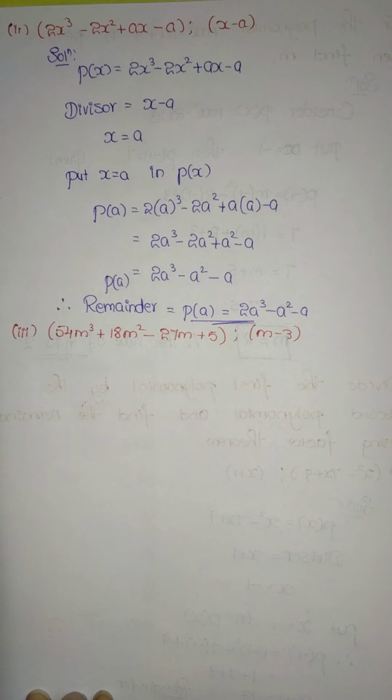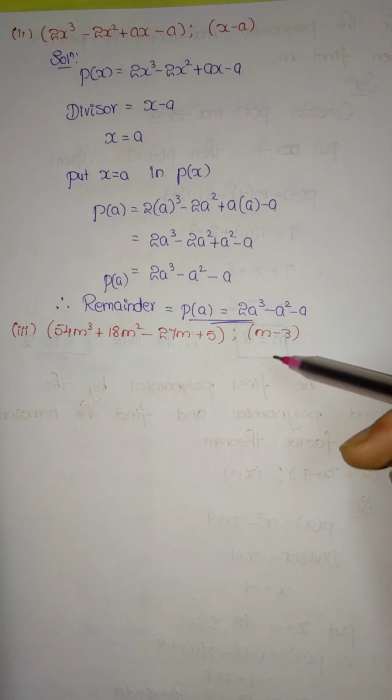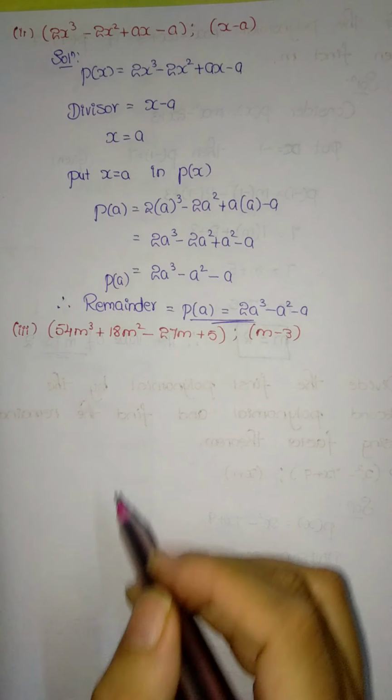Next, move on to question number 3. So here the question is 54m cube plus 18m square minus 27m plus 5, and it is divided by m minus 3.